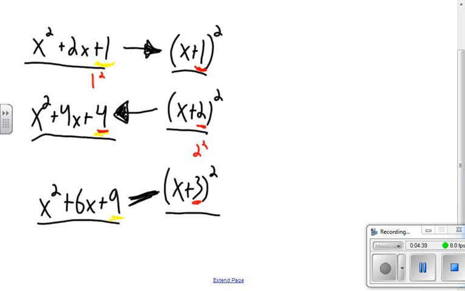Over here we have a 3. 3 squared is 9, which is what we have over here. So this piece in the binomial times 2 gives us the 6, and squared gives us the 9. So if we want to go the opposite way, we'd say the square root of 9 equals 3. And that's how we'd find this piece here. So it's nice to know how those things are linked.